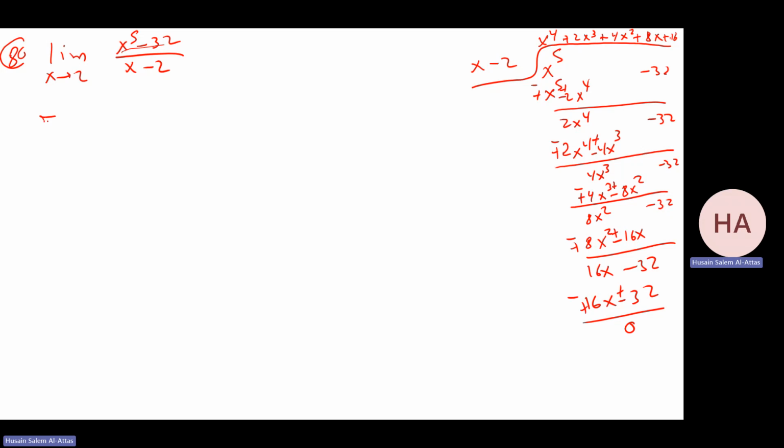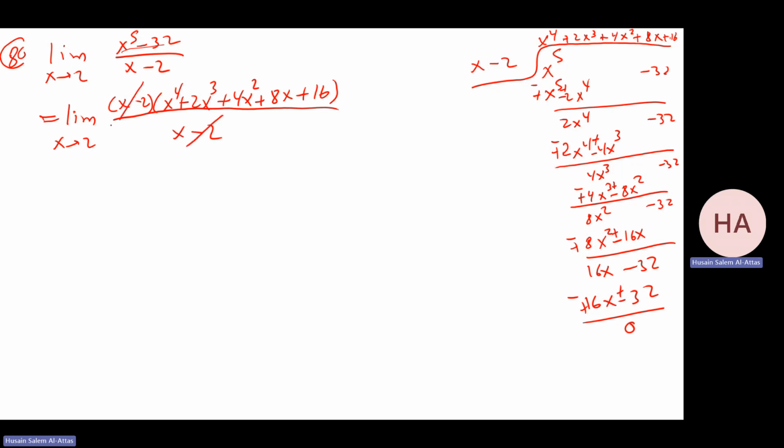So x to the power 5 minus 32 is (x minus 2) times (x to the power 4 plus 2x cubed plus 4x squared plus 8x plus 16), over x minus 2. But this is cancelled.